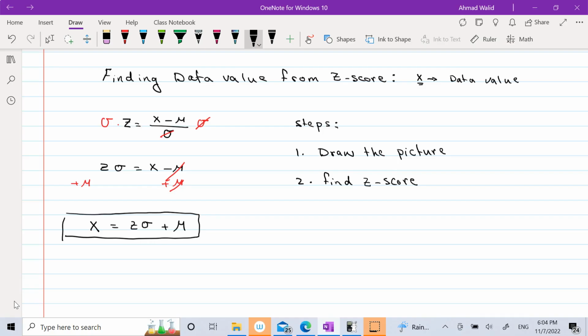And step number 3, definitely you are solving for x. Step number 3, solve for x. It means use this formula. Correct? Now I'll do an example for you, and you see how easy it is to deal with these examples.